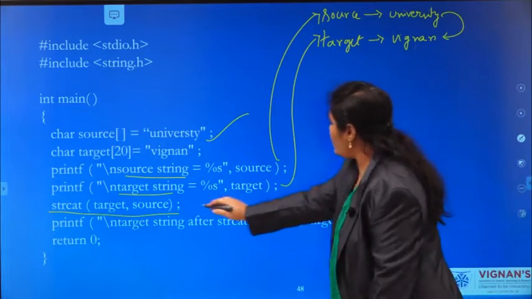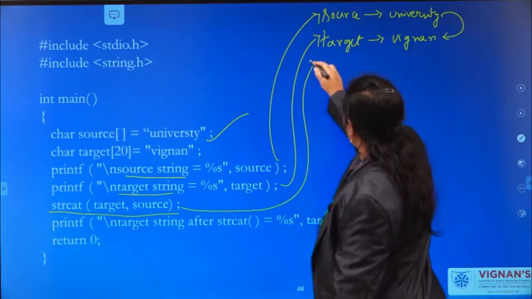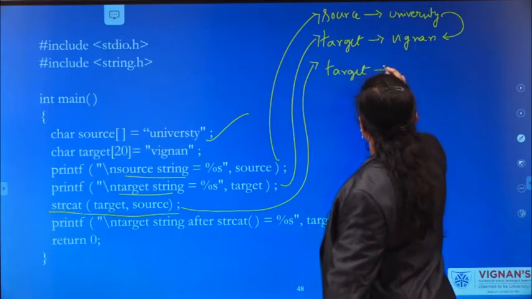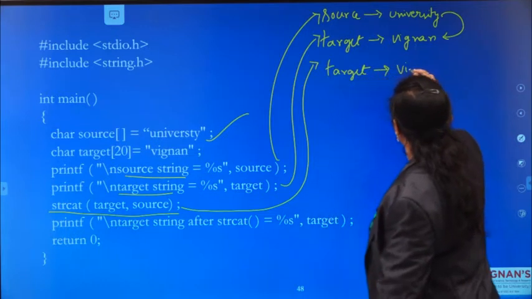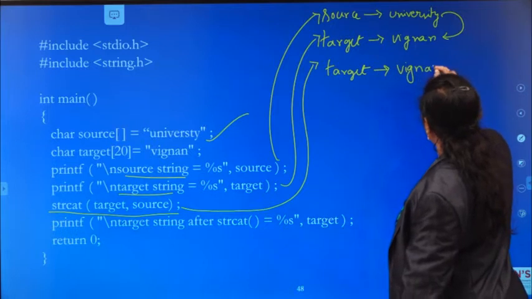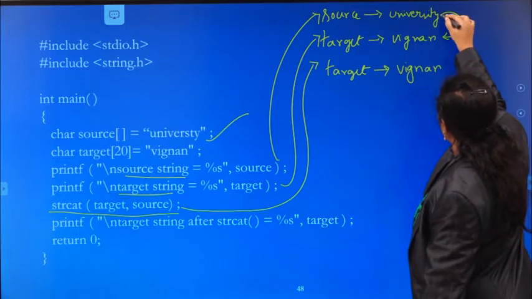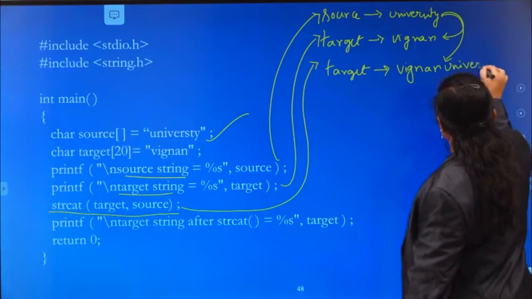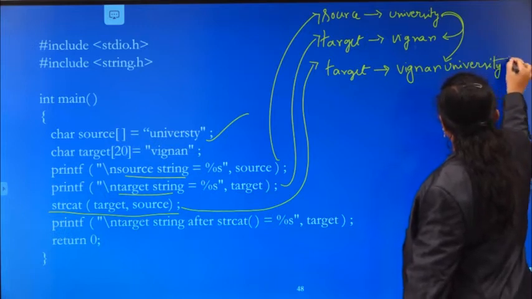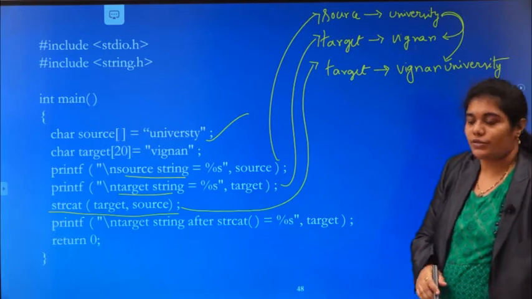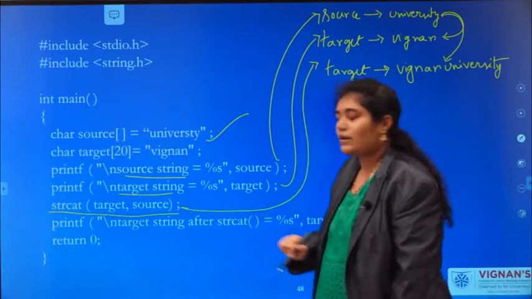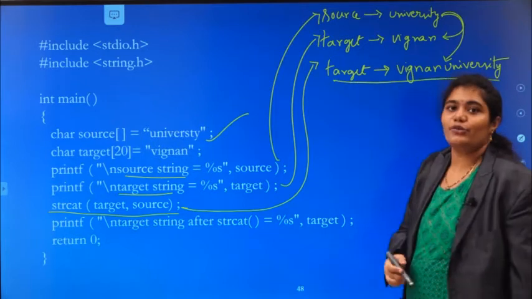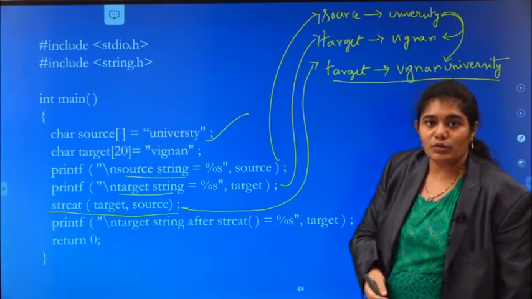Right? Now, after this instruction, the target will change. The initial value of target is Vignan. Now the source is going to be appended here. After completion of this instruction, the target value will be changed to Vignan University.